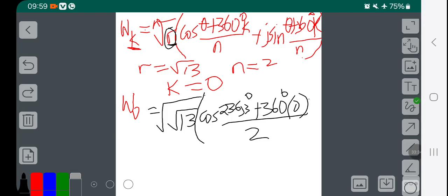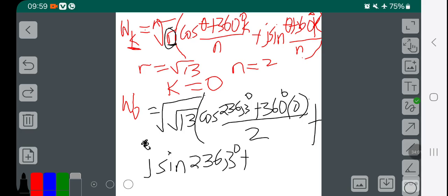Next, I'm going to my imaginary now. My imaginary is j sine. Your theta, which is the argument that you get from that polar form, 236.3 degrees plus 360 multiplied by 0, all over 2.